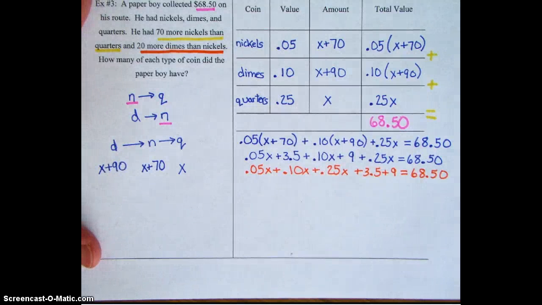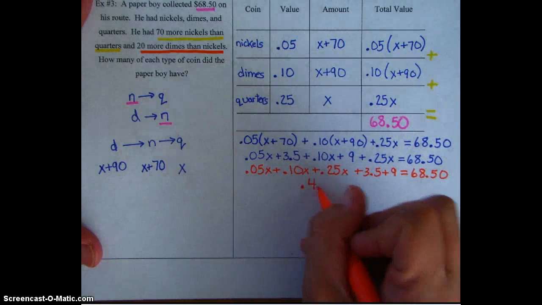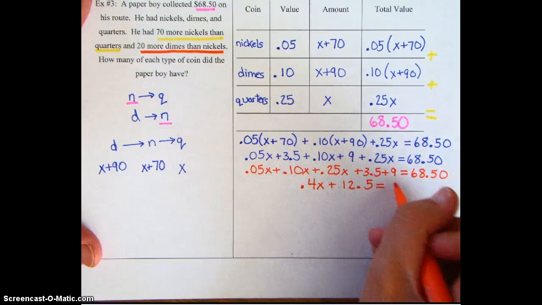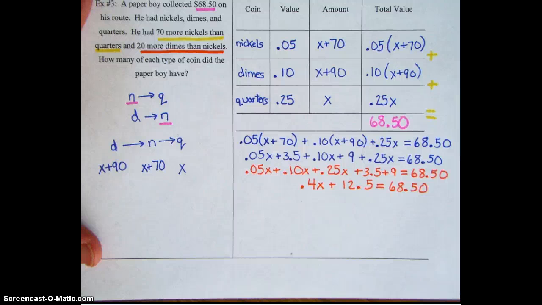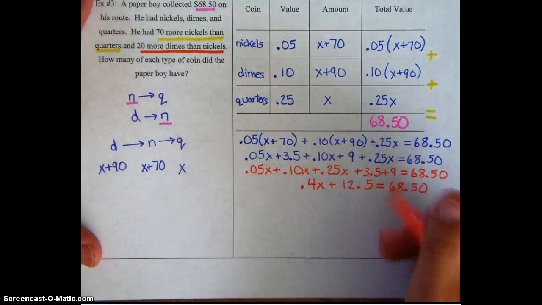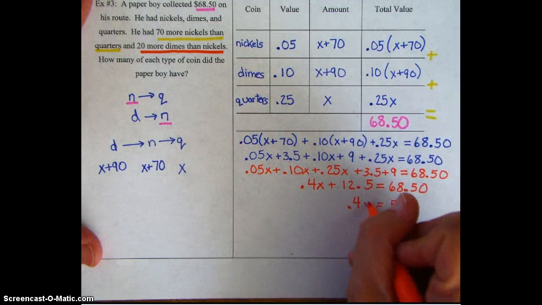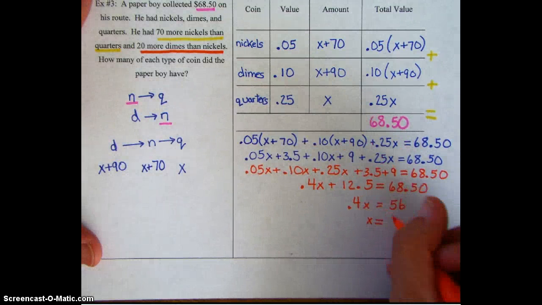By combining those together, we're going to get 0.4x plus 12.5 equals $68.50. If we subtract 12.5 from both sides, we're going to get 56 equals 0.4x. And then when we divide 56 by 0.4, we're going to get 140.